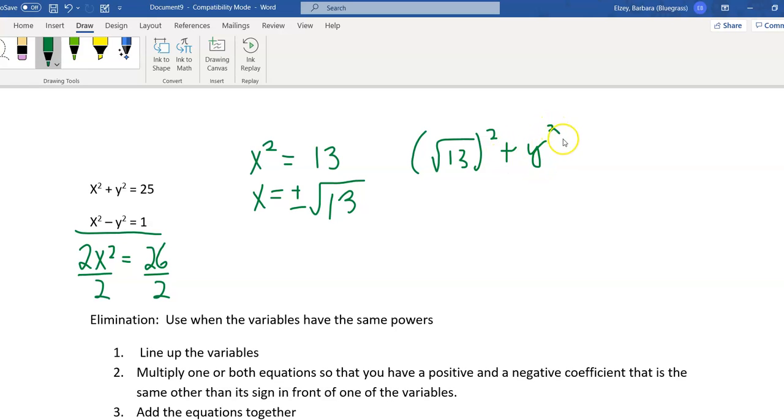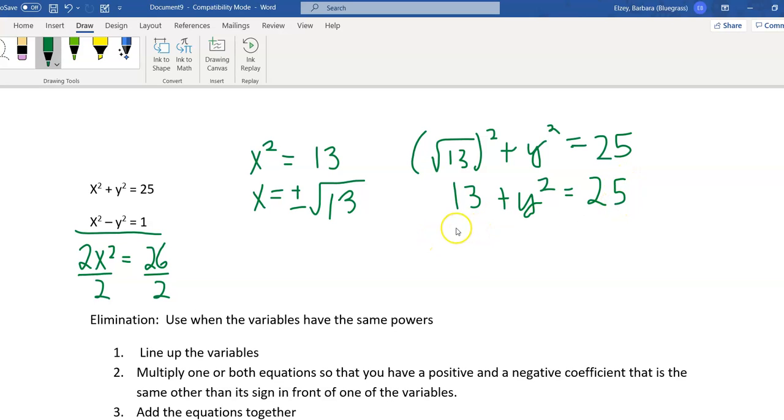Now here's why I left it as a square root. Because when I square the square root, they just cancel out and I get 13. And it just makes it a whole lot easier than putting the decimal in my calculator later and squaring that and getting something close to 13, but not quite 13.